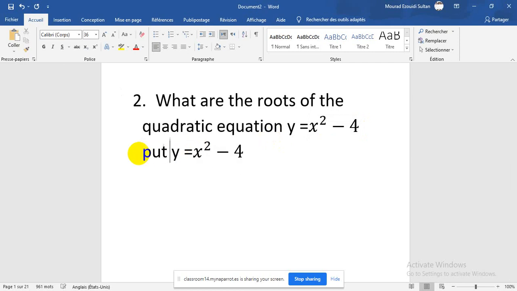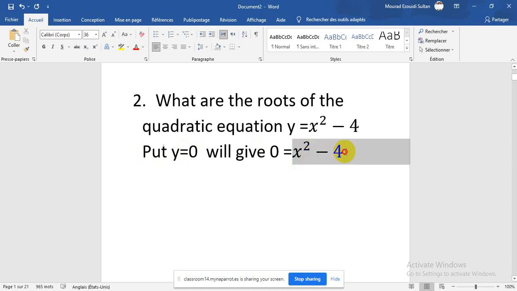So this will give us 0 equals x squared minus 4, or we just start from x squared minus 4 equals 0.